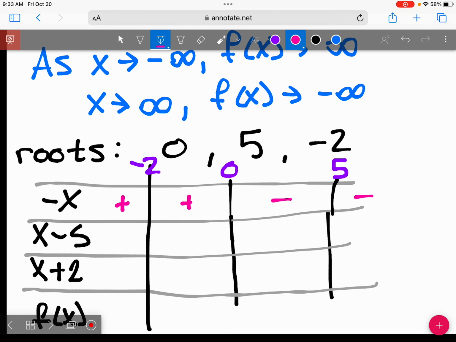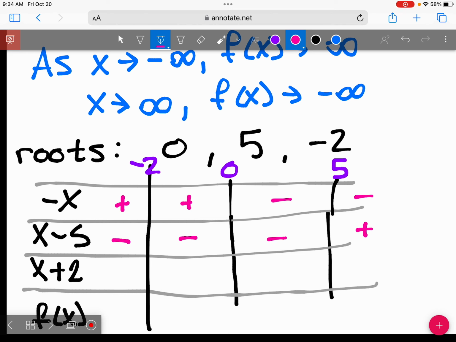So then we're going to do x minus 5. If x is smaller than negative 2, is this segment positive or negative? Positive or negative between negative 2 and 0? If it's between 0 and 5, positive or negative? Negative. And if it's bigger than 5, positive.